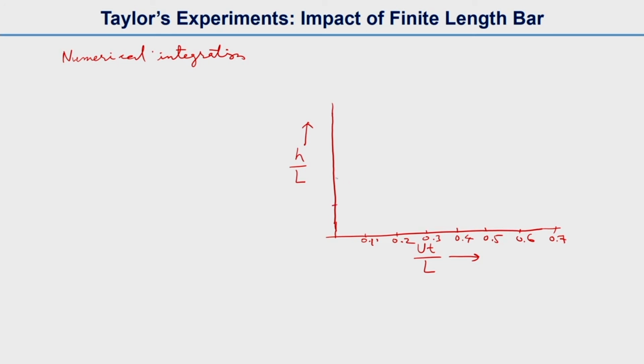So here 1, 2, 3, 4, 5, 0.1, 0.2, 0.3, 4, 5. So what will happen is this will look something like this.